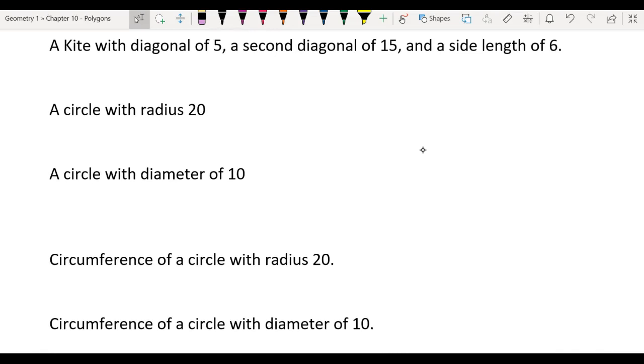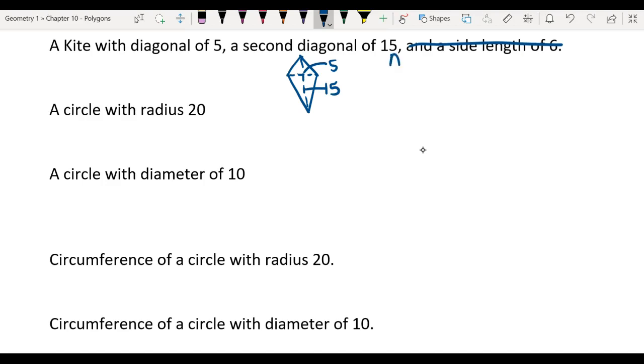You have a kite with diagonal 5, a second diagonal of 15, and a side length of 6. What information in this is worthless? The 6, the side length. There is no side length when it comes to area of a kite. So side length, you don't need that. So you have a kite where one of your diagonals is 5, the other diagonal is 15.